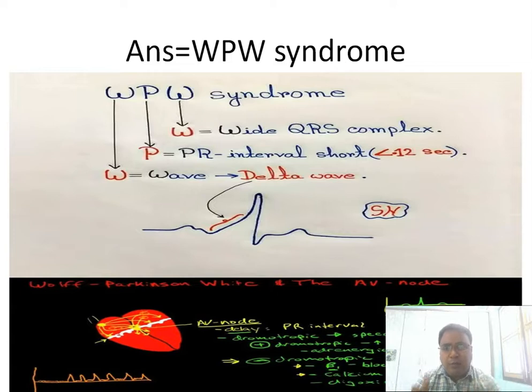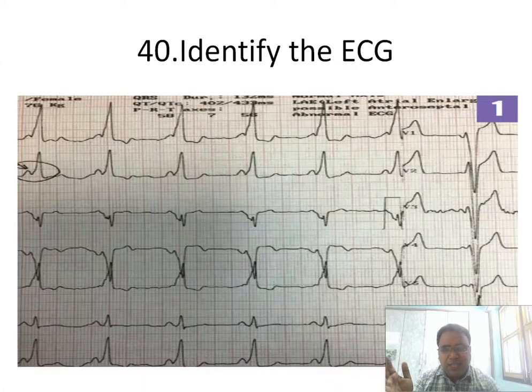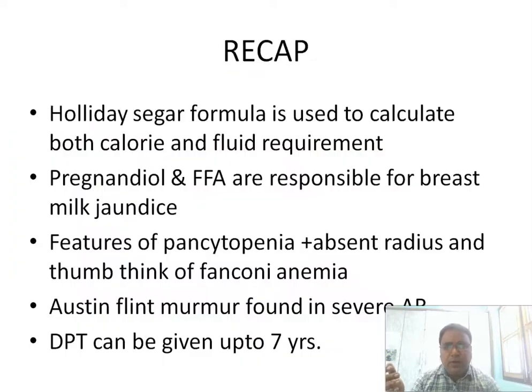In WPW, W for wave, we are getting delta wave, P for PR interval, short PR interval, less than 0.12 second, and again W, wide QRS complex. So WPW syndrome, easy to remember: delta wave, short PR interval and wide QRS complex. This ECG you can get in exam. This ECG picture will be there, identify the ECG, what is the diagnosis? And answer is WPW syndrome.